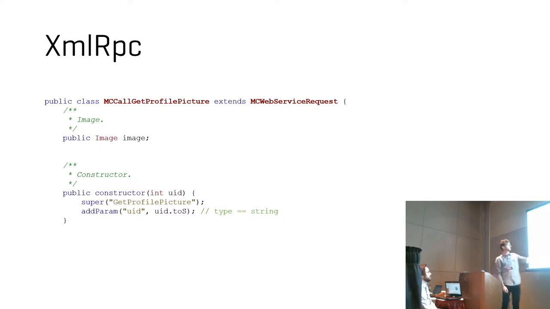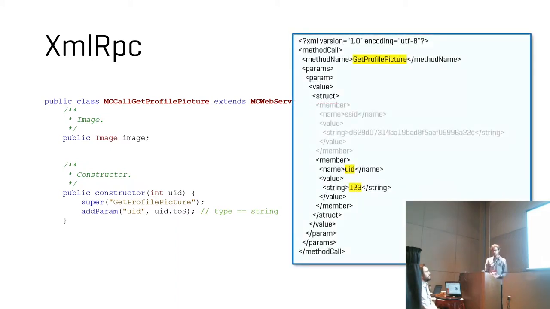And this is an argument that we are sending, the user ID. So for this user ID, we want to get the profile image. And this will build something like this. This XML here will be sent to the server. So you get the profile picture, and you have this user ID, a string, 1, 2, 3 there.